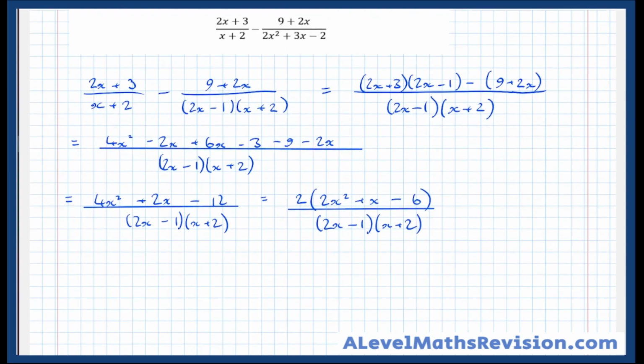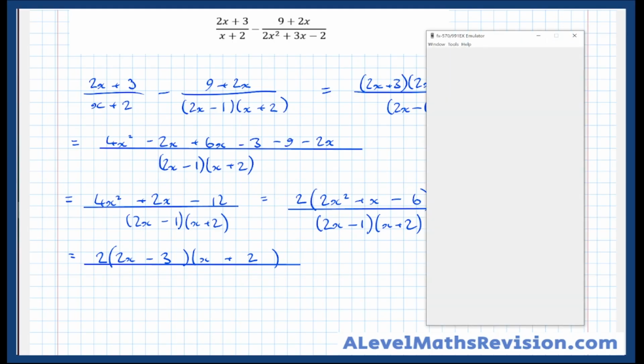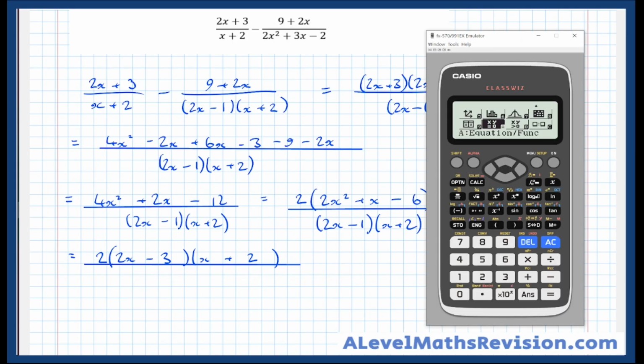And factorise the numerator there. So equals 2 lots of, and I know the factor is going to be 2x and x, and that will factorise to x plus 2 there and 2x minus 3 there. So if you don't spot the factors, one thing you can do on the calculator is use the quadratic solver.